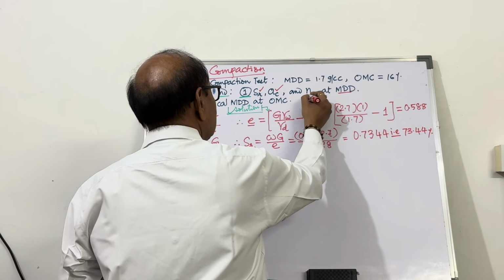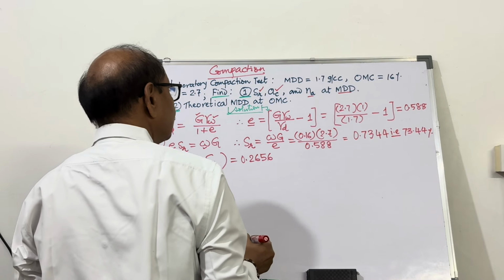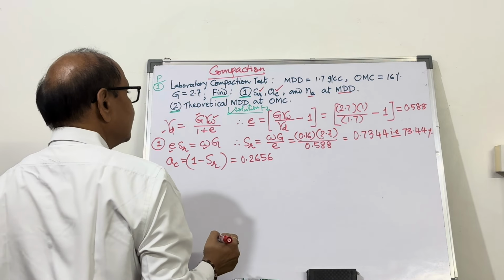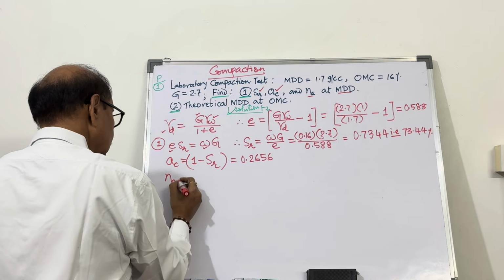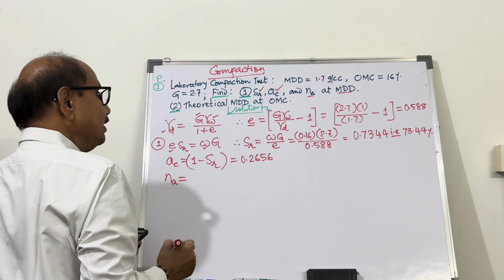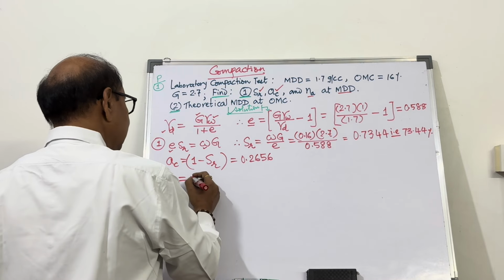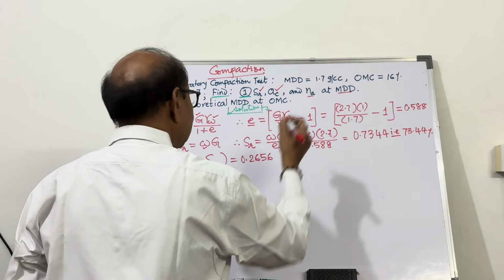And if you want to calculate the percent air voids, Na, the percent air voids Na can be easily calculated from the relationship at MDD.